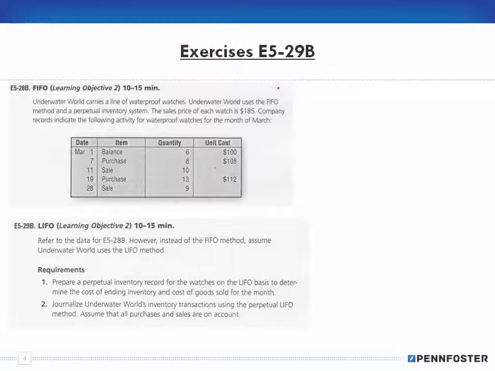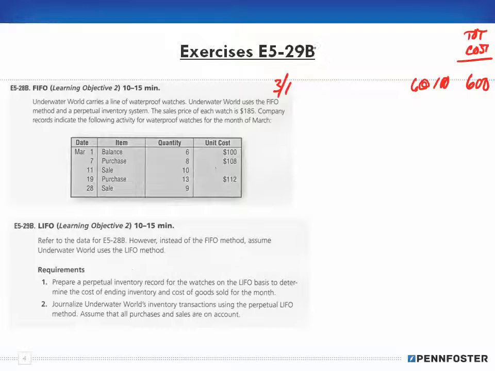So let's see here. We're looking at the date 3/1. We have a balance of 6 units at $100 each, so our total inventory cost is going to be 600.